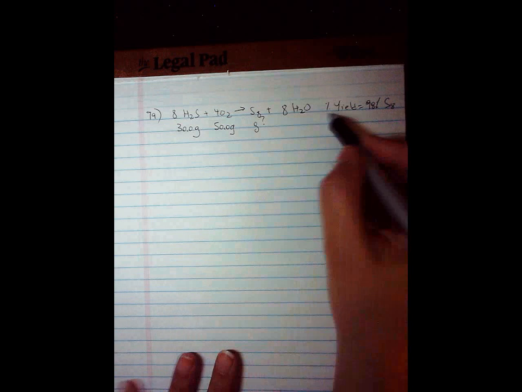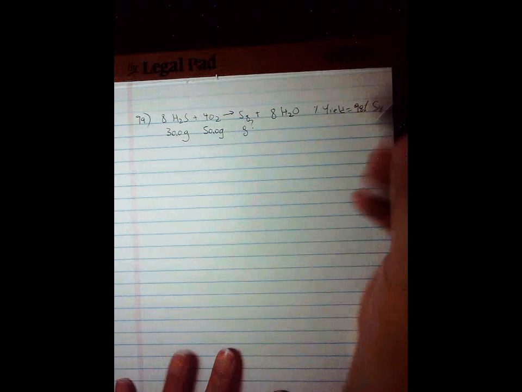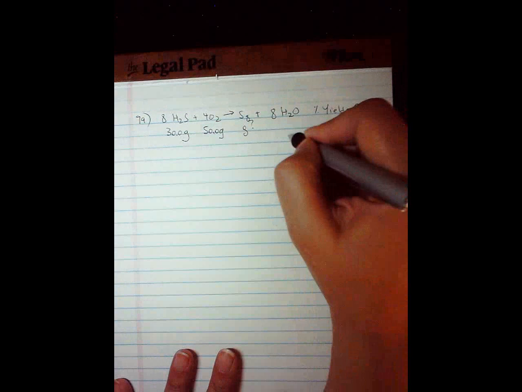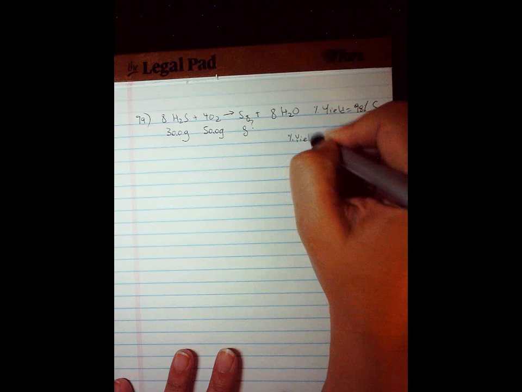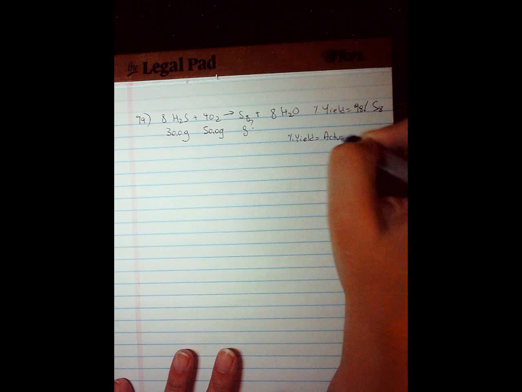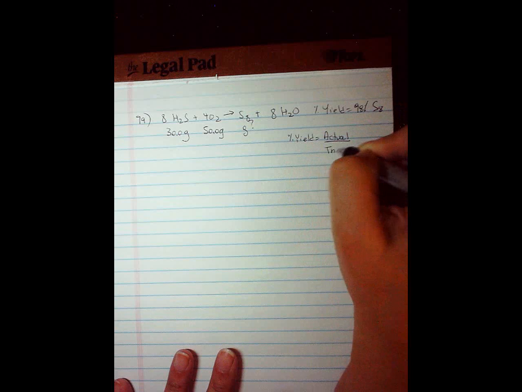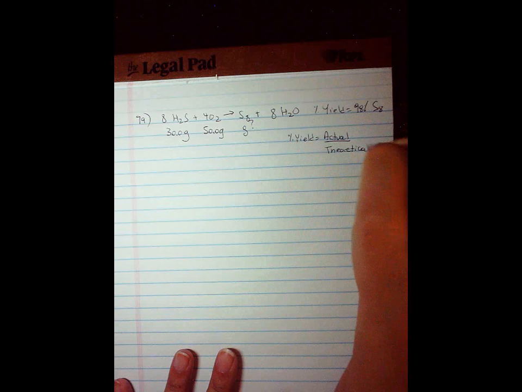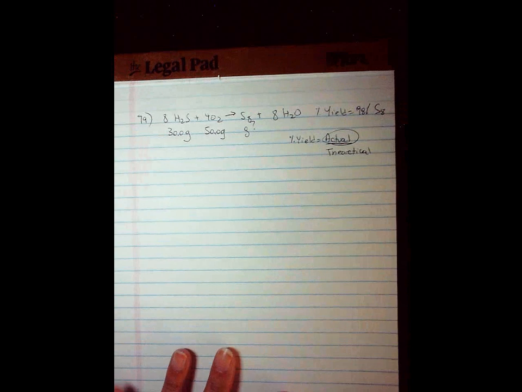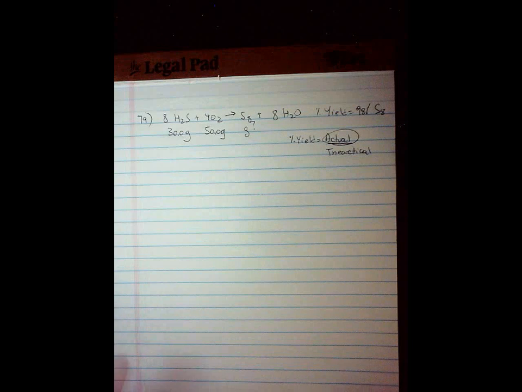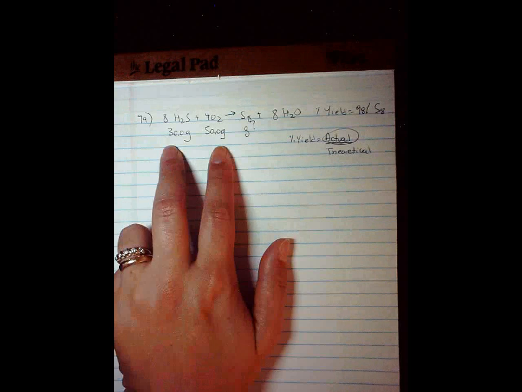All right. So let's start with this information that we have. They're giving me a percent yield, right? And we said that the percent yield is the actual over the theoretical. So what the question's asking is what's my actual yield? I can figure out the theoretical yield based on this, right? What they really want to know is what is the actual yield from this specific experiment.